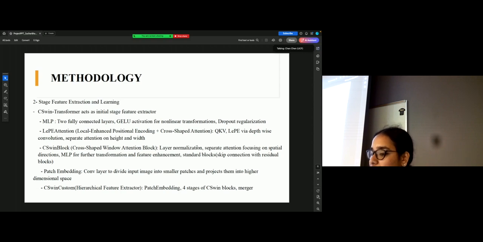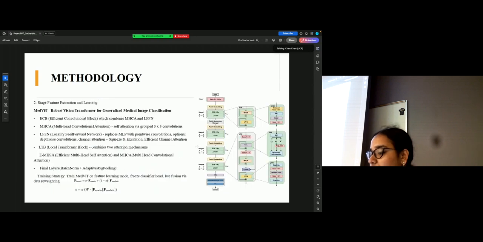Normally attention given to an image goes pixel by pixel, patch by patch. Here, CSWin goes in a cross-shaped manner. The image is converted into a cross shape, and each block of the image is given attention, and those features are extracted at the end. Then these features are used by MedViT.